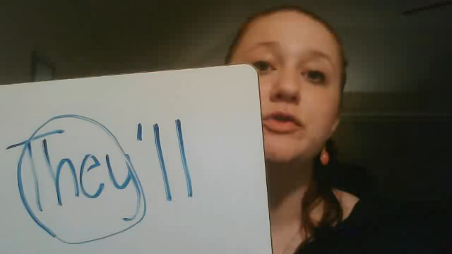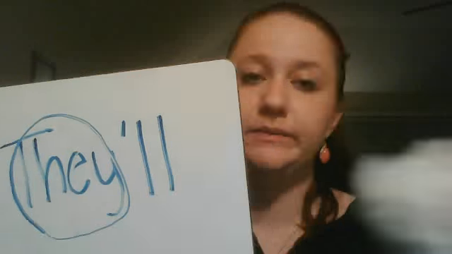So we'll go back to our board. Since we know that the apostrophe means that something is missing, we know that after they, we're missing another word. So we'll take this away. After looking back at our context clues, we realize that the word we're missing is will.